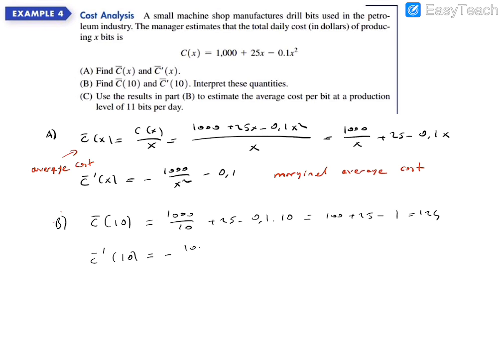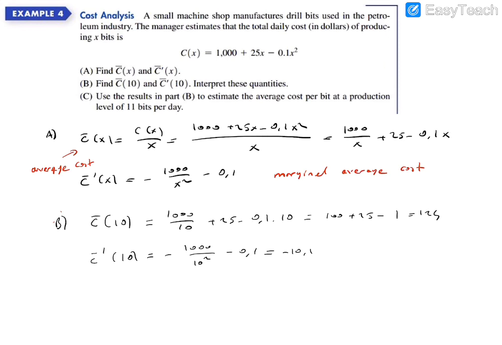So minus 1000 over 10 squared minus 0.1. This is minus 10 minus 0.1, which is minus 10.1. So what does it mean?